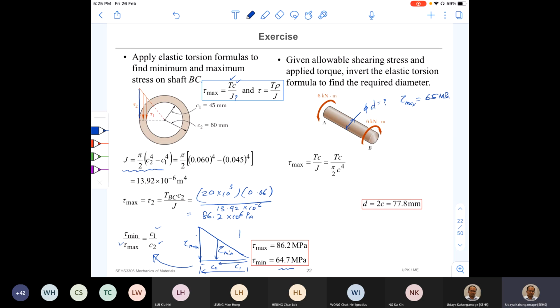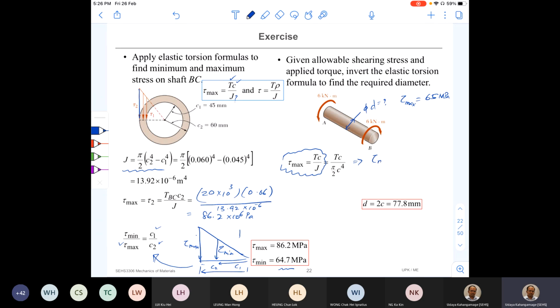It cannot exceed more than that. So now we start with our equation: tau max is equal to TC over J. Our target is to find C, and J is pi by 2 times C to the power 4.